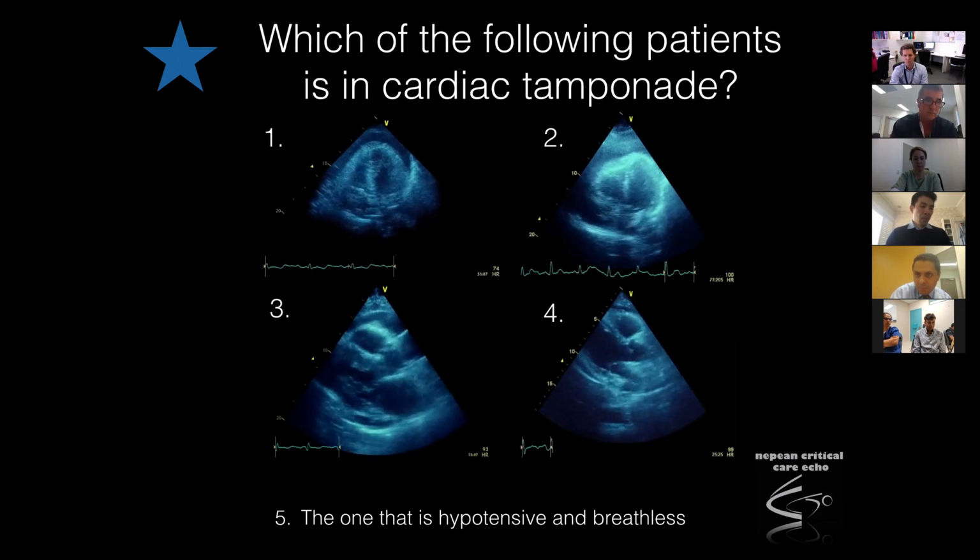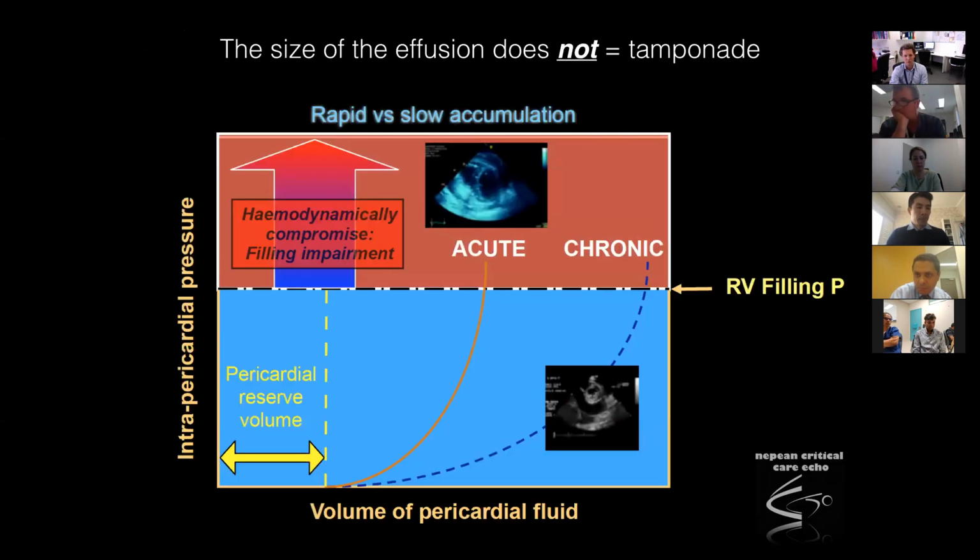Beautiful. Right, I think that's probably about it on the 2D features. Can I just add, I would usually have less than 0.5 centimeters as being trivial or physiological. Oh, great comment. My way of differentiating physiological from small is if you have an echo-free space throughout the cardiac cycle.